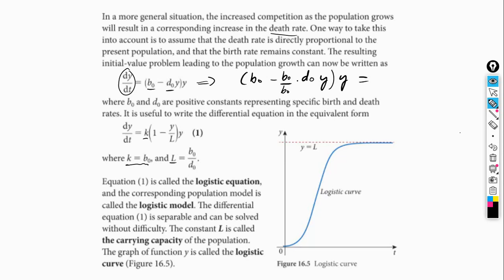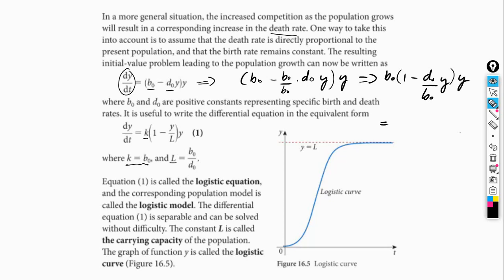Then we can factor out b sub 0, and write it as b sub 0 times (1 minus d sub 0 over b sub 0 times y), and this times y.